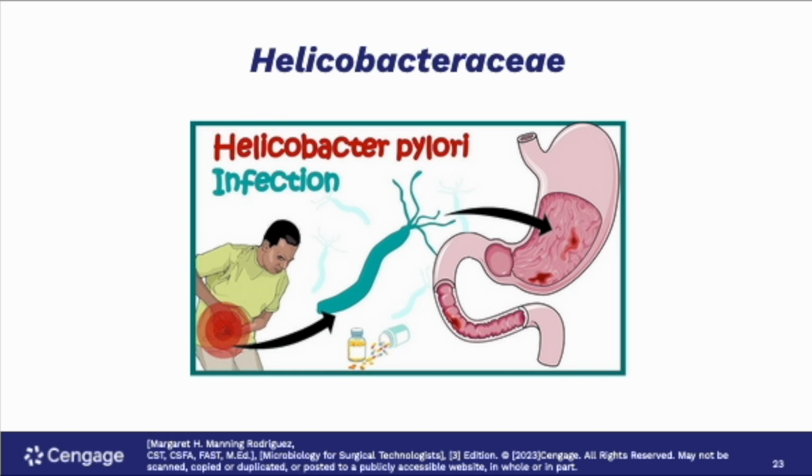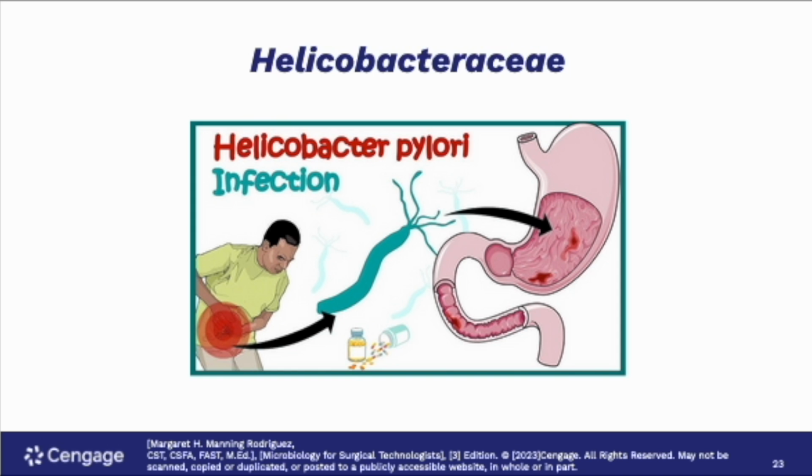We get to our family Helicobacteraceae. This includes the Helicobacter genus, known for its similarities to Campylobacter. Now, these are gram-negative. They are microaerophilic bacteria, meaning they need low oxygen levels, with a curved shape and motility, and may test positive for catalase.